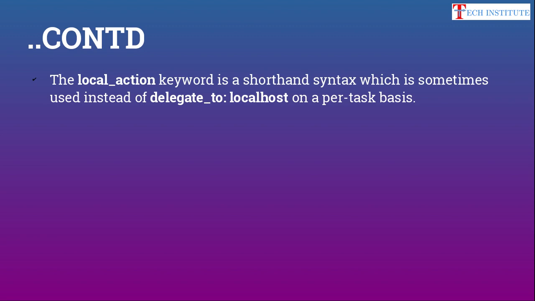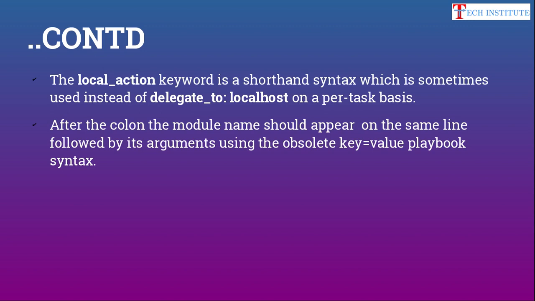And how you can use that, in a local_action task you have to put the module and then all the parameters in key=value format. Suppose you are using the user module, you put local_action colon user, then all the parameters like name=testuser, state=present, in a single line like that.